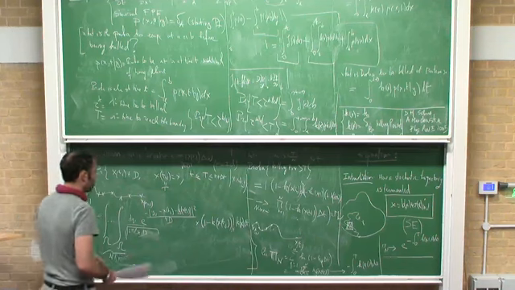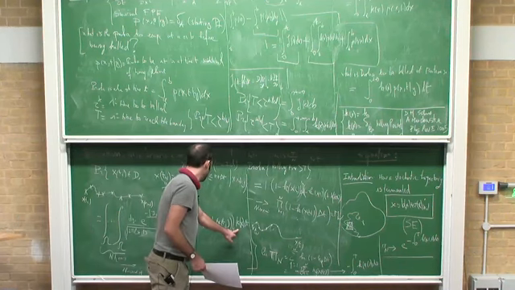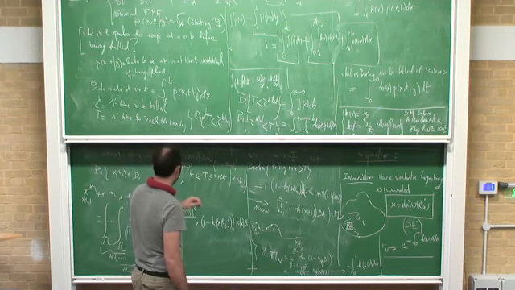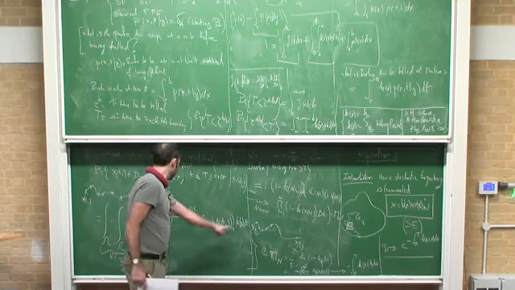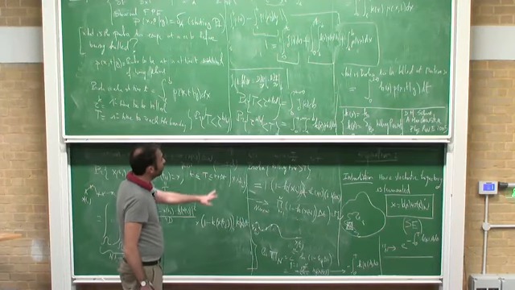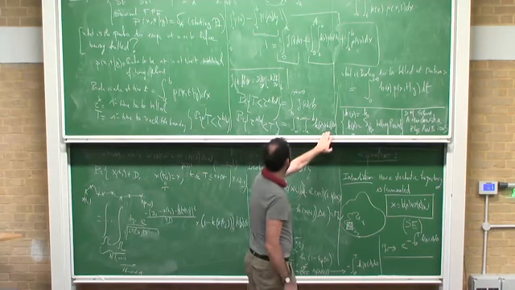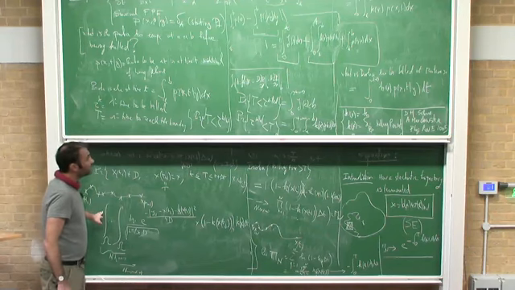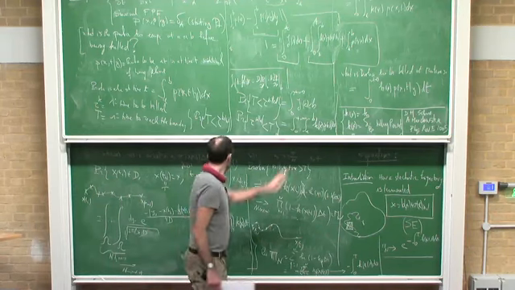Why? Because here we have the product of all of these, which will converge to this probability distribution function. And if we integrate over x, we'll have this term.